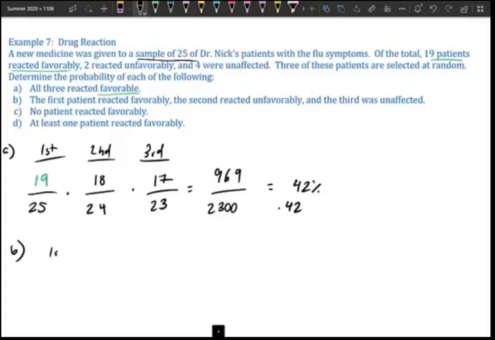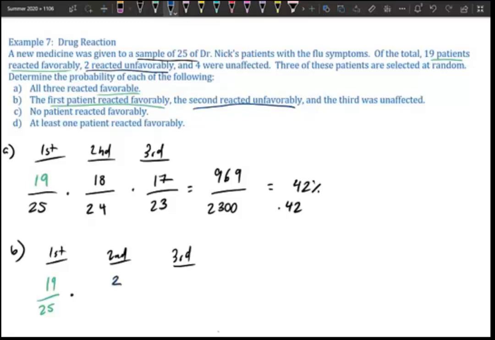So we still have 3 patients we're picking. So our first one is the first patient acted favorably, so that's 19 out of 25. The second one reacted unfavorably, so 2 were unfavorable, but that's out of 24 people now because we already picked a person.